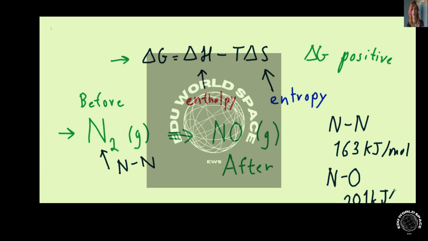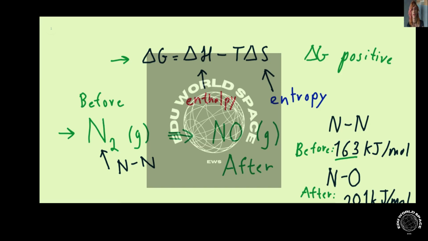Without me explaining it, you can see that this is the before, and the after. Clearly 163 is a smaller number than 201.